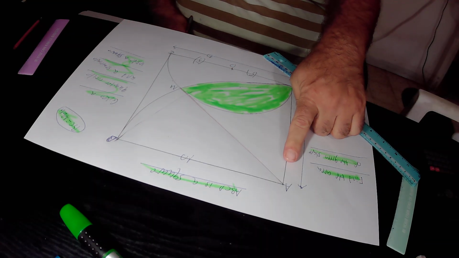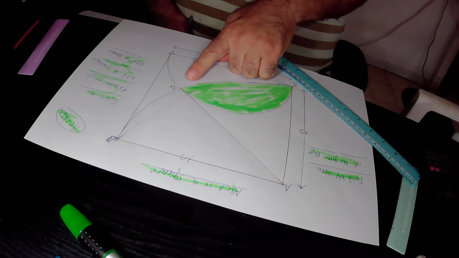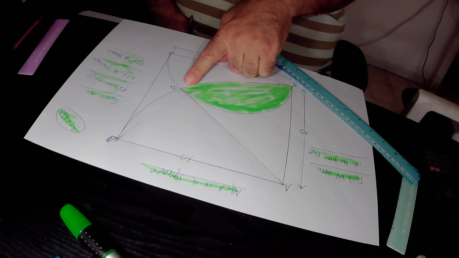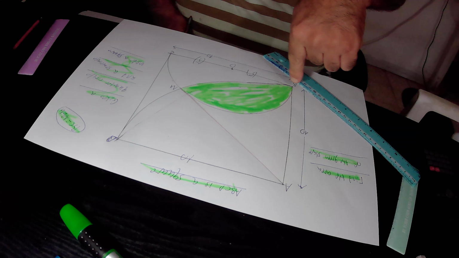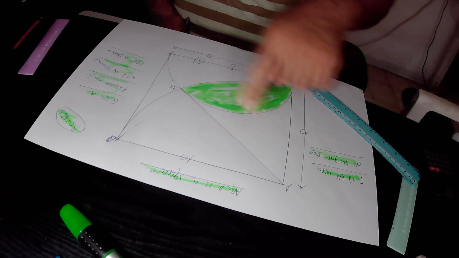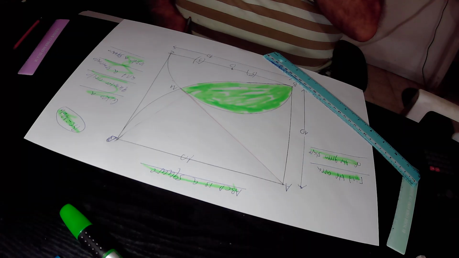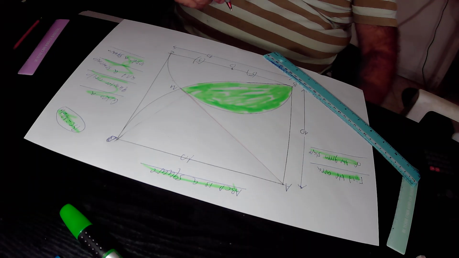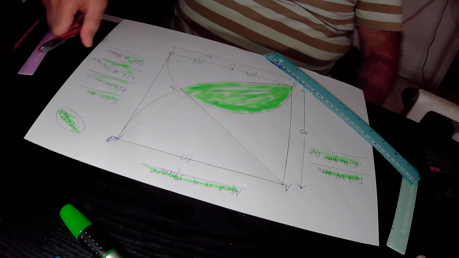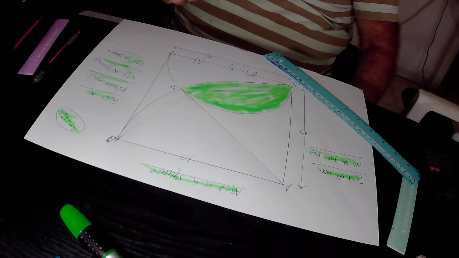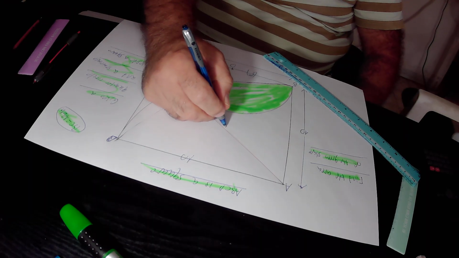Point A is the center of the quarter circle. Point M is a point on the quarter circle itself. Therefore, AM is the radius of the quarter circle. This equals 10 units. Note that the radius of the quarter circle equals 10. So AM equals 10.